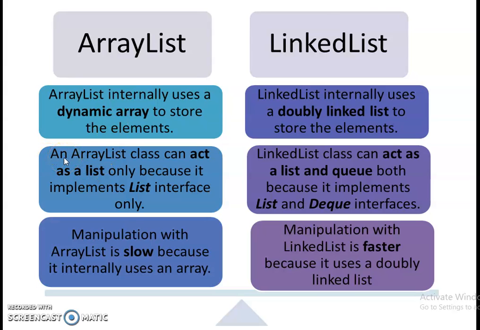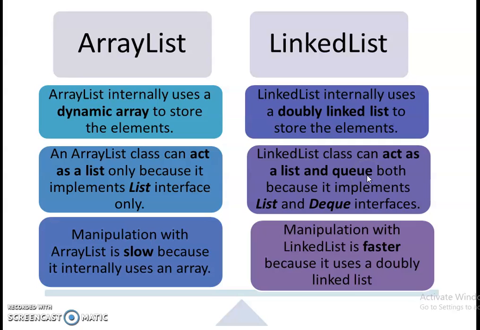When we talk about ArrayList, this class can act as a list only because it implements the List interface, right? And when we talk about LinkedList, it can act as a list and a queue because it implements the List and Deque interfaces, right? So it can work in a list manner or it can work in a queue manner.